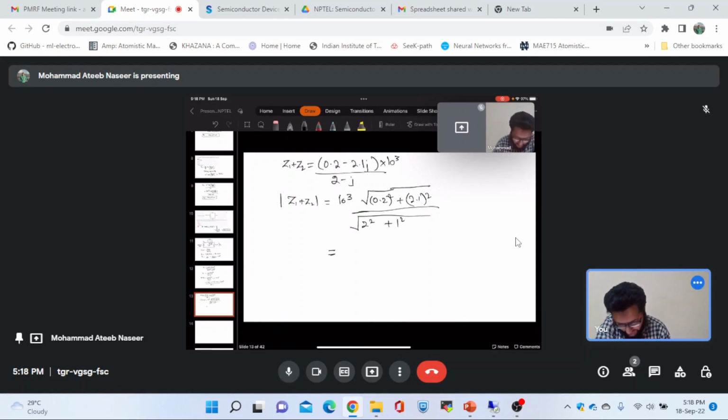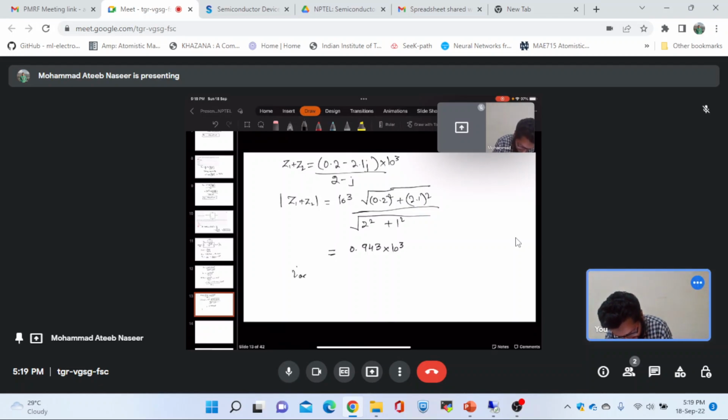Now let me find the magnitude for this. It should simply be equal to 0.943 into 10 raised to power 3.